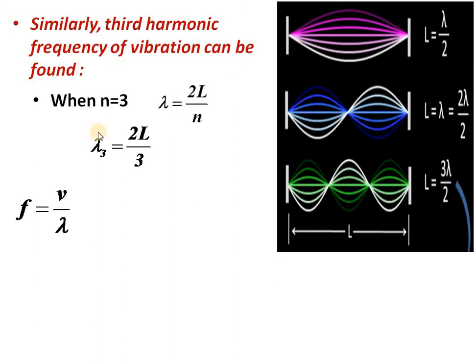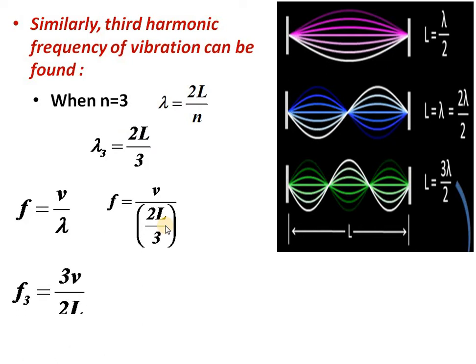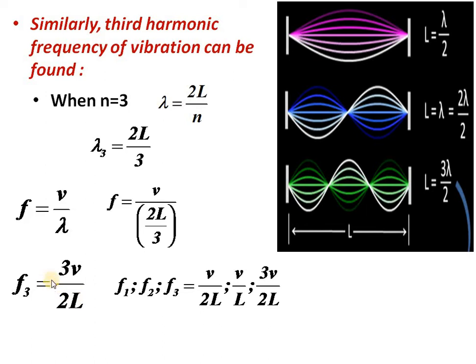So the corresponding frequency you can easily find. F is equal to V by lambda, and lambda here is 2L by 3. You place it here. So what we get? Third harmonic frequency f3 is equal to 3V by 2L. So far, f1 we got as the fundamental frequency, f2 the second harmonic frequency, and f3 the third harmonic frequency.